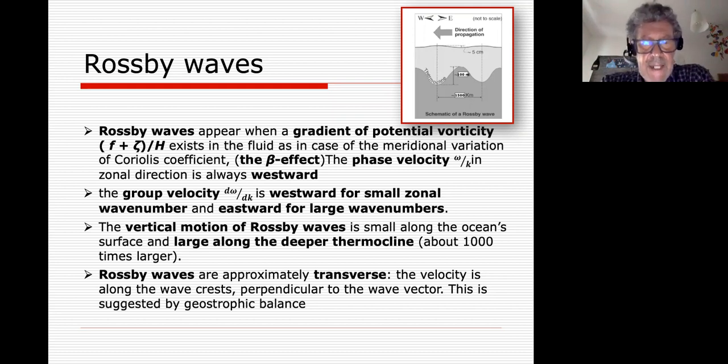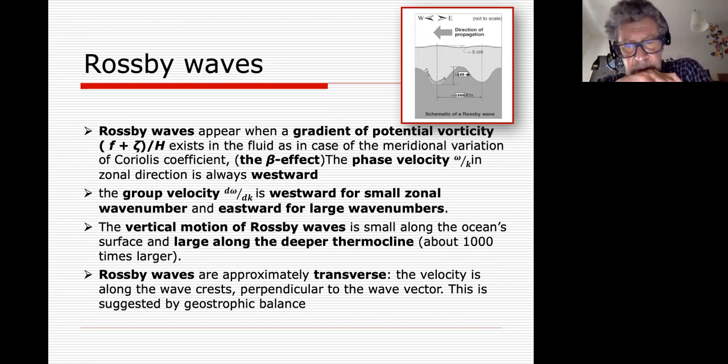And the phase velocity is always westward, but the group velocity, the velocity that moves the energy, depends on the wave number. For small zonal wave number, the group velocity is westward. Instead, for large wave numbers, so relatively shorter Rossby waves, it is eastward.